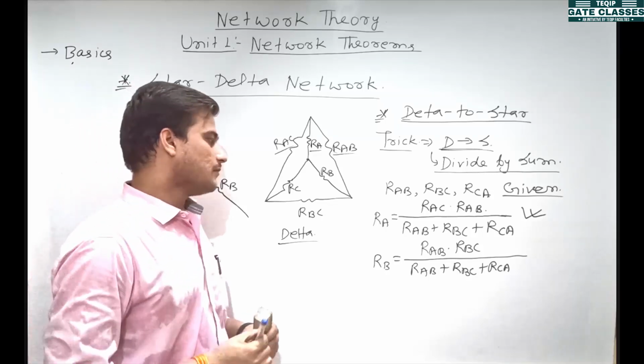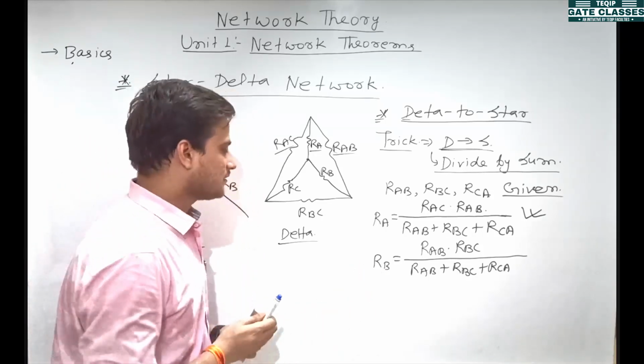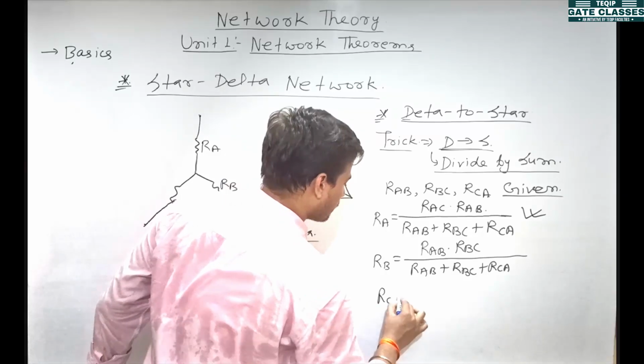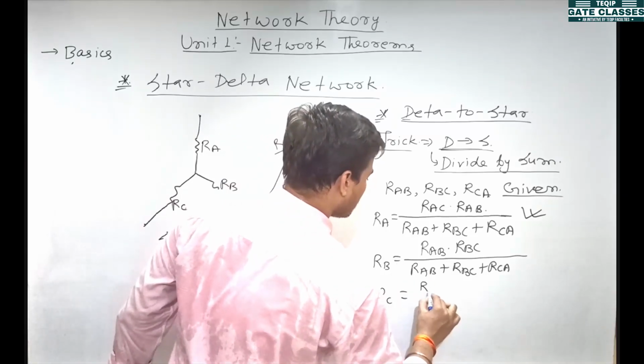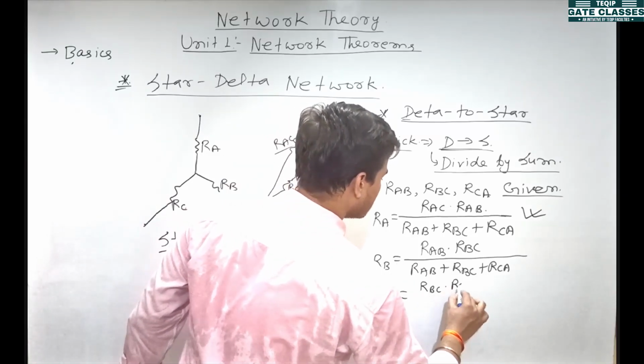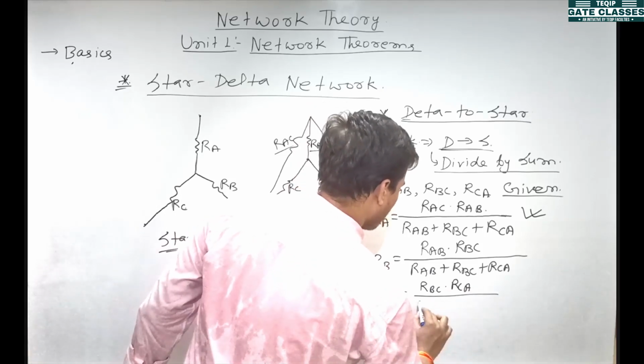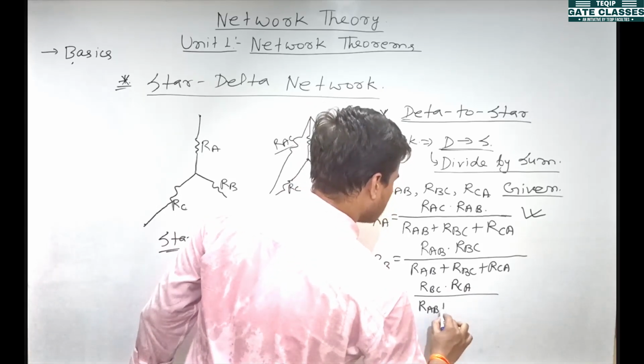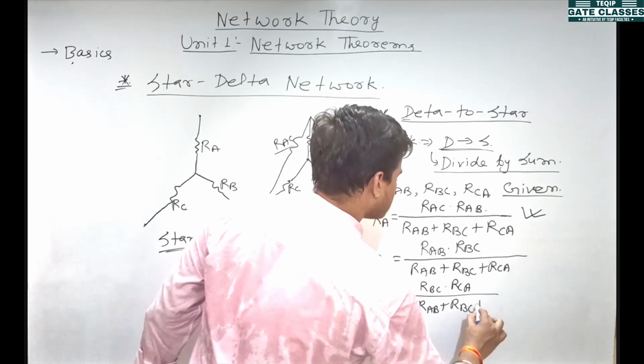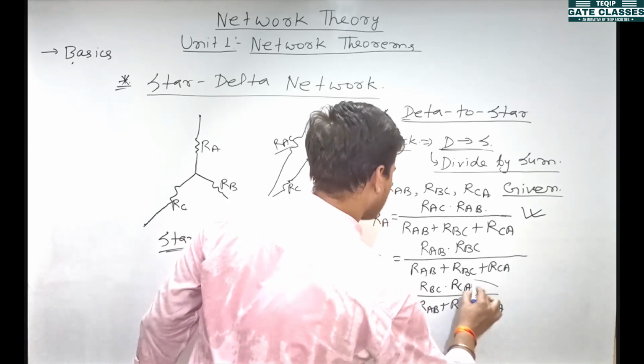Clear? Similarly, you can write the value for RC. RC will be equal to RBC into RCA divided by RAB plus RBC plus RCA. Clear?